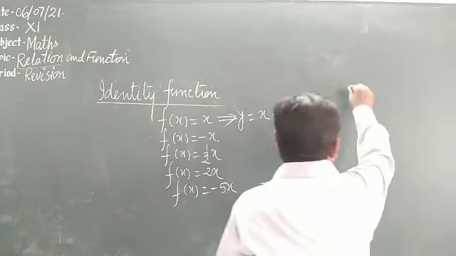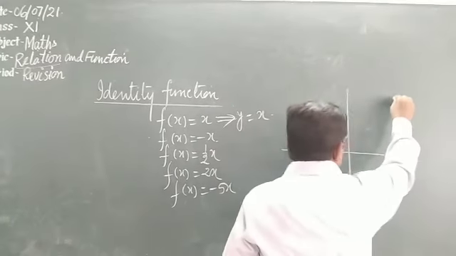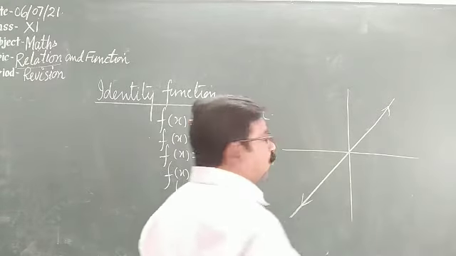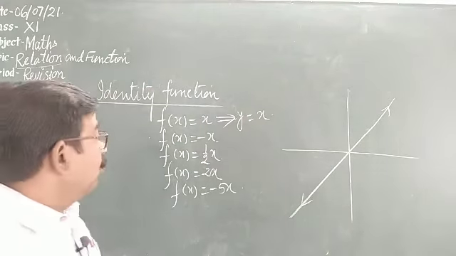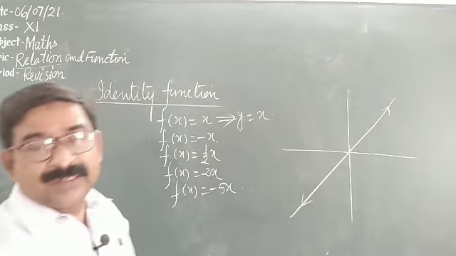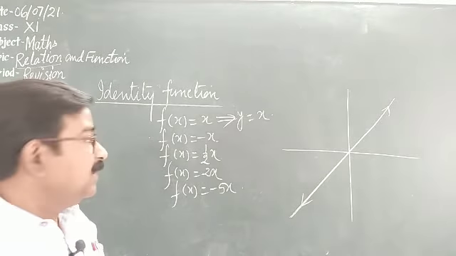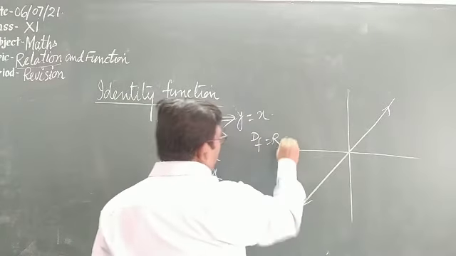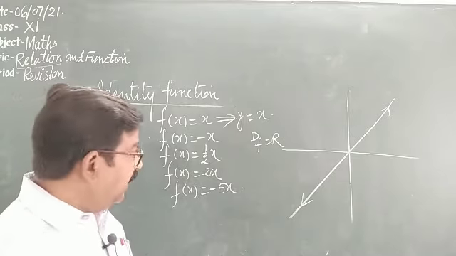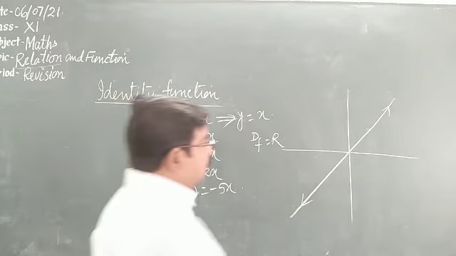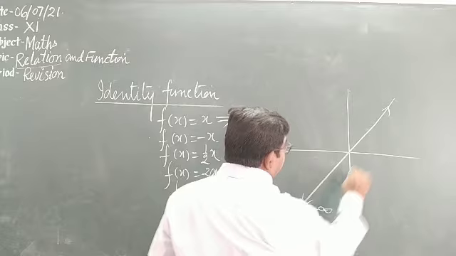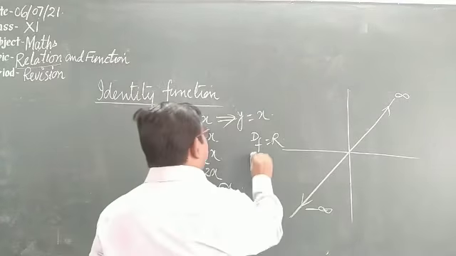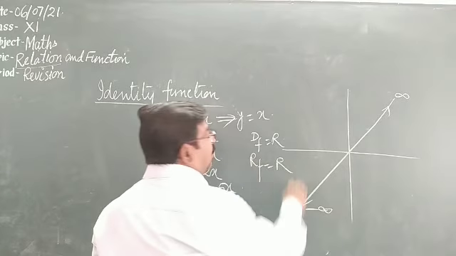When you plot the graph, you see a line passing through the origin and going to infinity. Since for x we can choose any value, the domain of the function is always real, and since this line goes from minus infinity to plus infinity, the range is also all real.